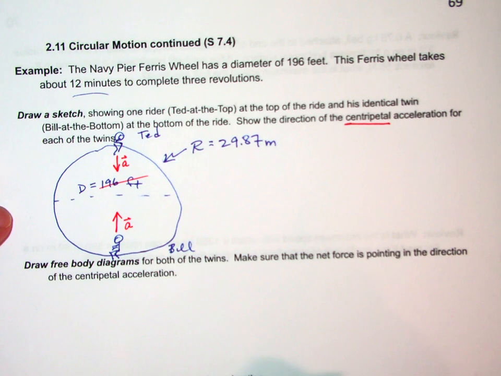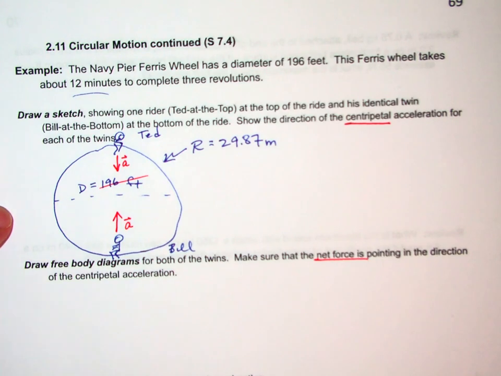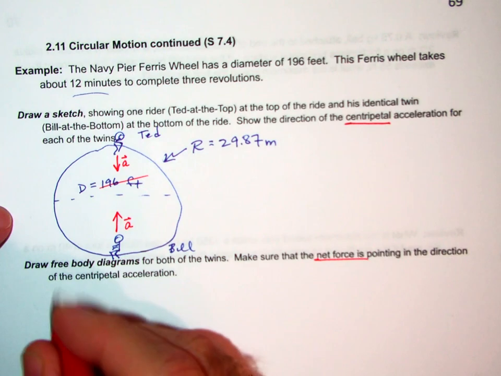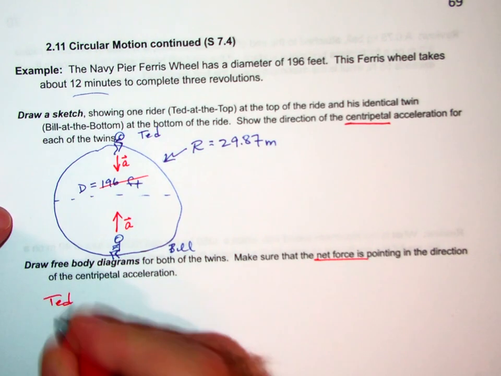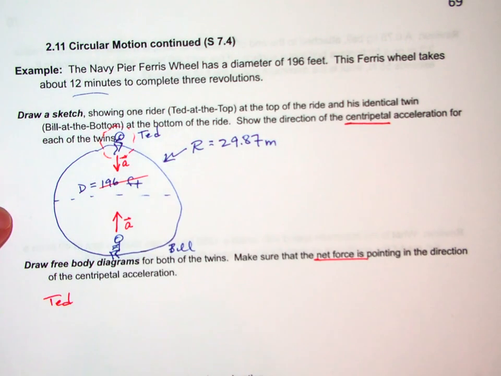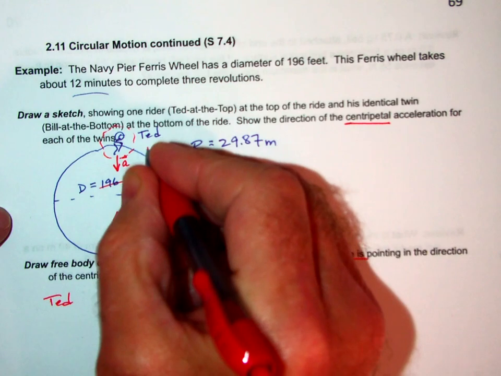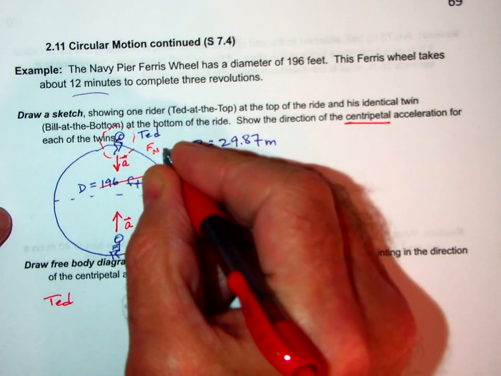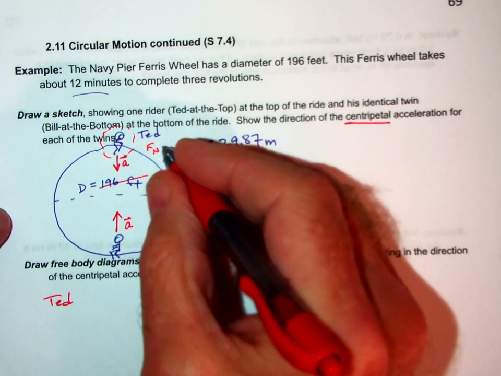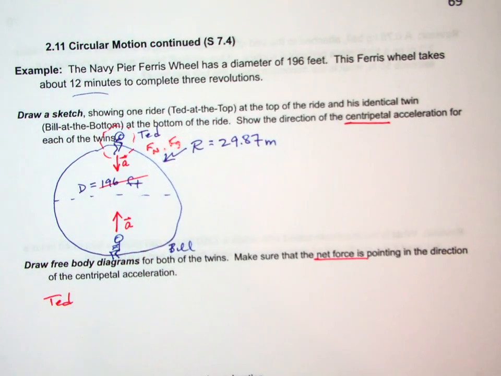Free body diagrams for each of the twins. Make sure the net force is pointing in the direction of the centripetal acceleration. So if we have Ted at the top, the first thing we do is we circle Ted, and we see that there is a normal force on Ted by the Ferris wheel seat, and there is a gravitational force.